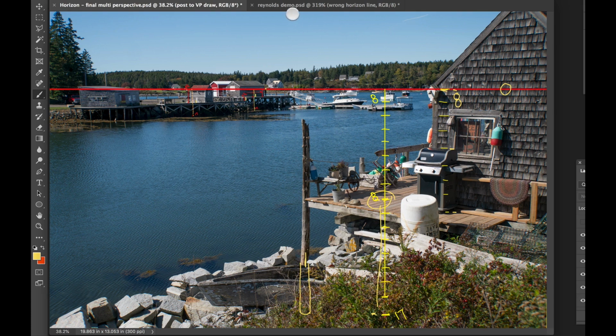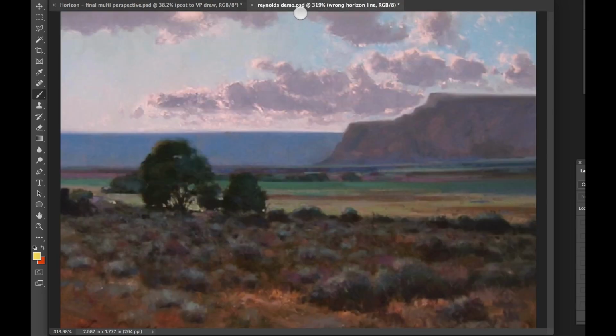Now let's switch over to a perspective that's in just a natural world setting where there's no architecture. This painting is by Jim Reynolds, and James Reynolds was a brilliant painter, and don't think he didn't use perspective in his landscapes.